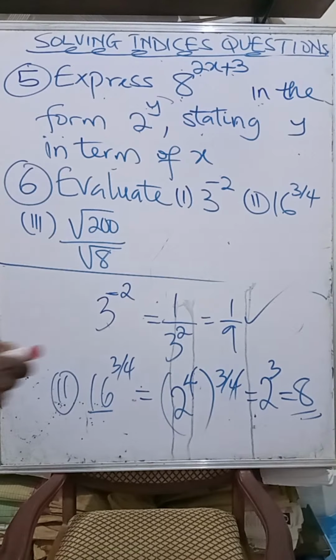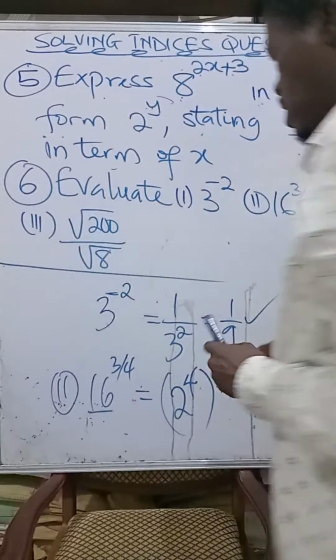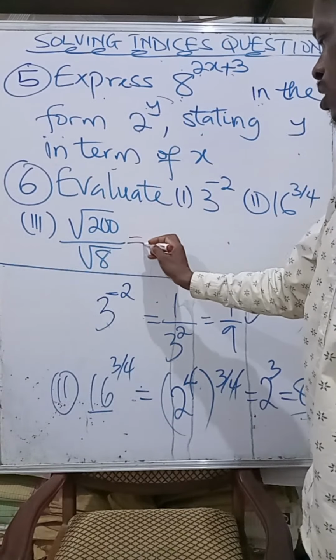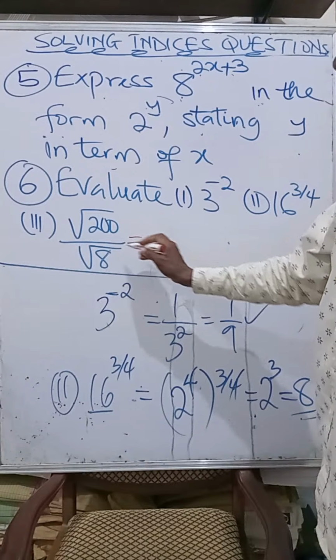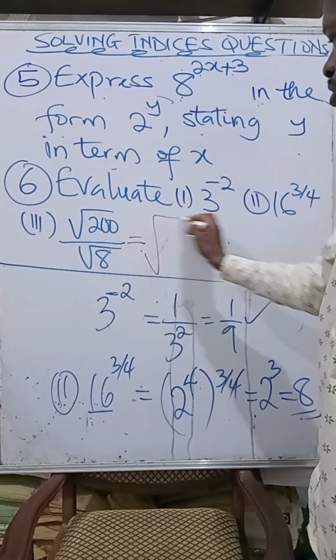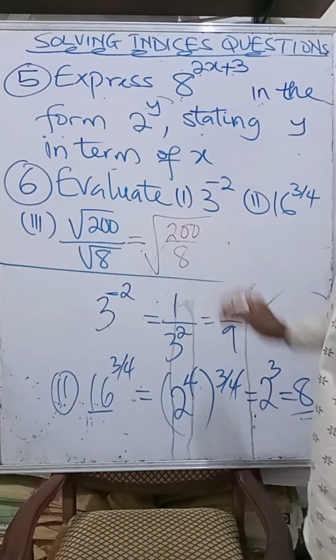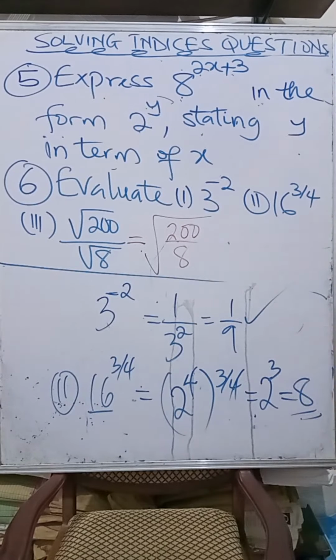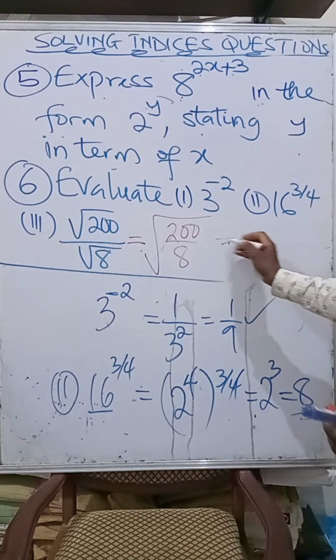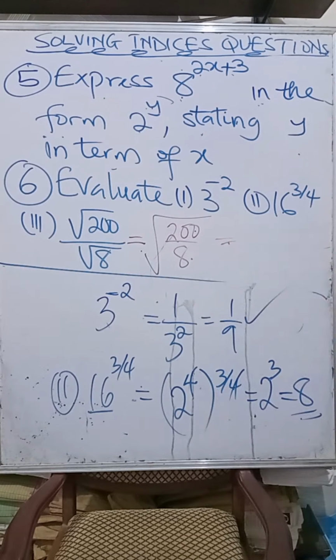The last one here, this will be equal to, this is the same as square root of what? Square root of 200 over 8. And if you divide 200 over 8, you're going to have 25.